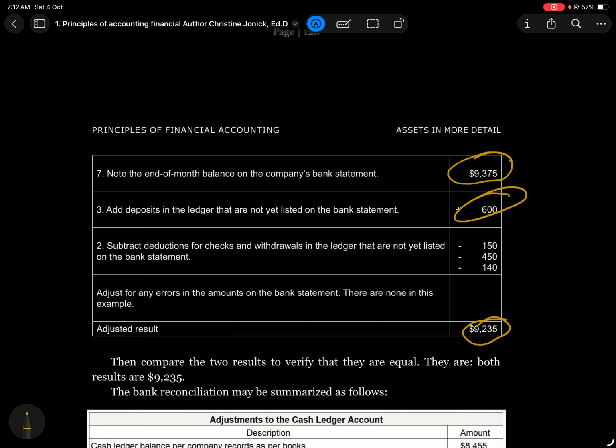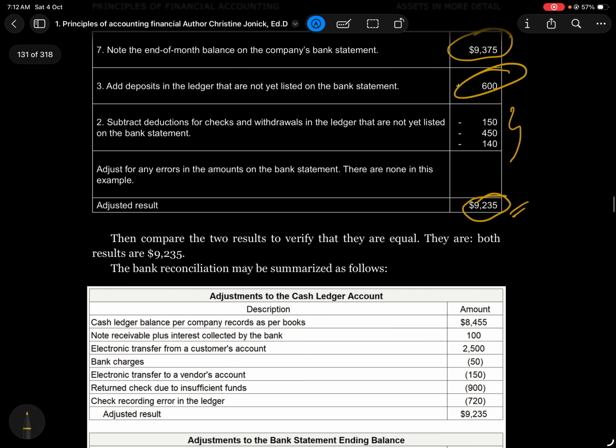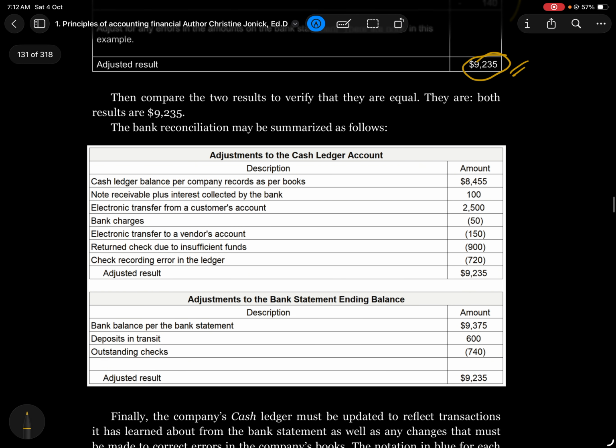Checks which have not been presented can be subtracted, and based on that we will get a value of 9235, right? So we can do it from both perspectives. Our adjusted result for both of them should always be the same.